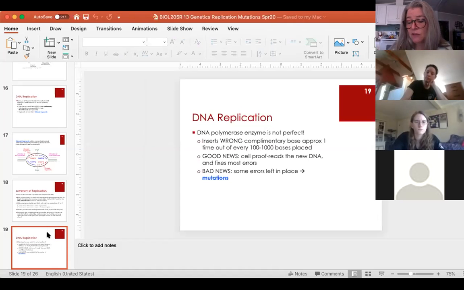If you think about the virus that is causing COVID-19 right now, of course, viruses don't replicate their own DNA. They let a cell do that. And COVID-19 virus, as it turns out, doesn't even have DNA in it. It has RNA in it. But the idea is the same.